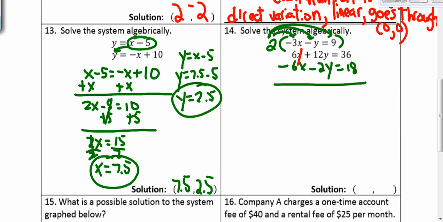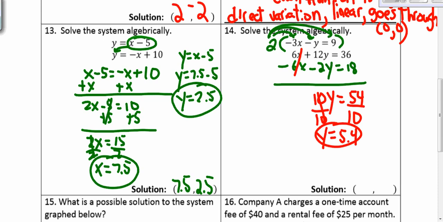The x's cancel. So now you have 12y minus 2y, which is 10y, equals 54, 36 plus 18. Then you divide by 10. y equals 5.4.